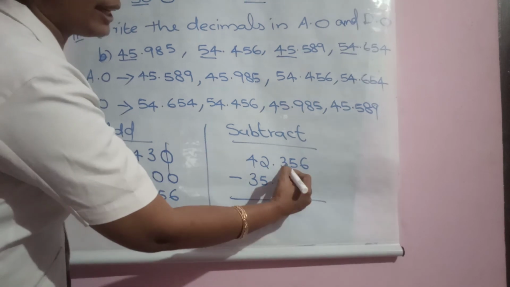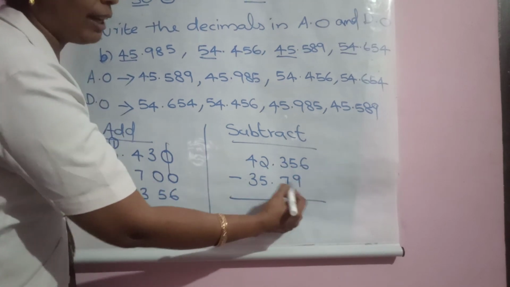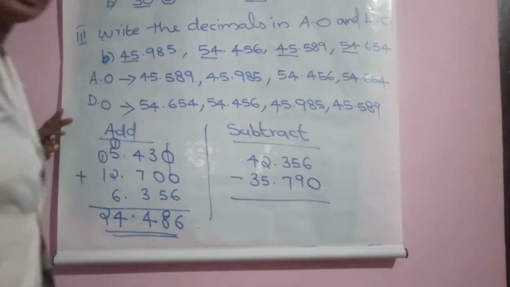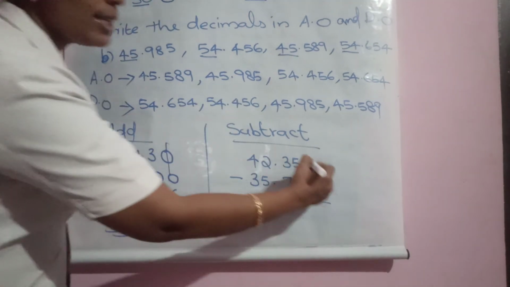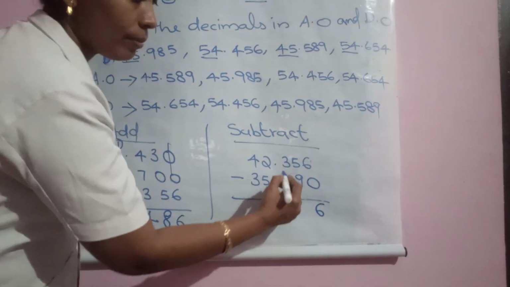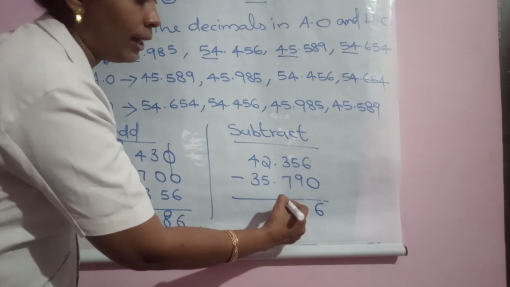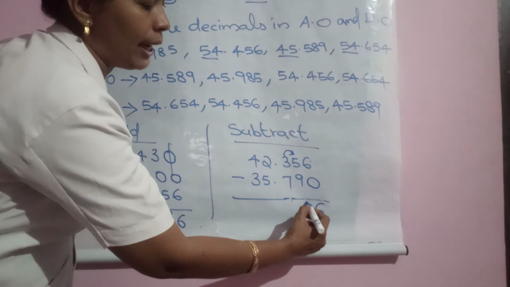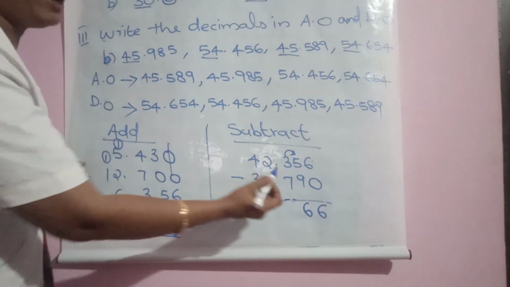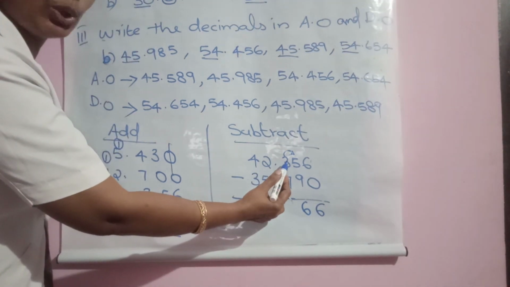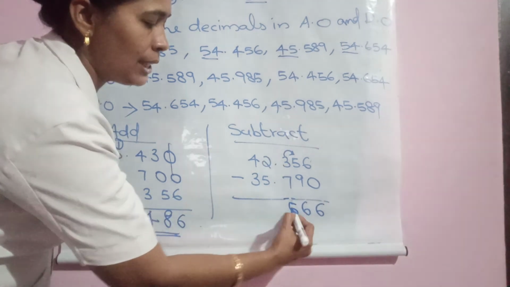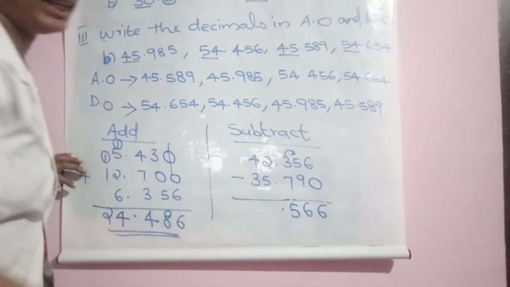The first one has 3 digits in the decimal place, the second has only 2. So what we do? First you make it like decimals. Then subtract. 6 minus 0, 6. Column wise you have to subtract. So here borrow 1, so it becomes 15 minus 9 is 6 again. But it is 2 now. Borrow 1 from here. It is 12. 12 minus 7 is 5.